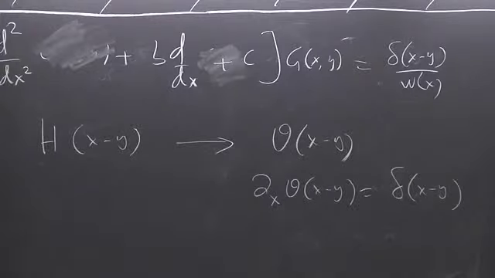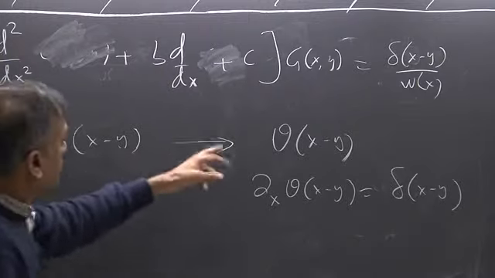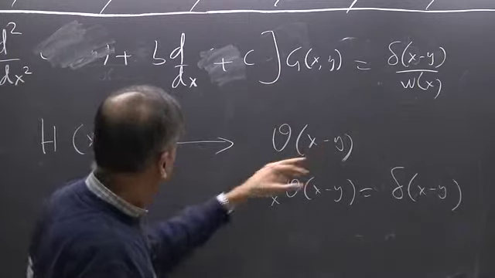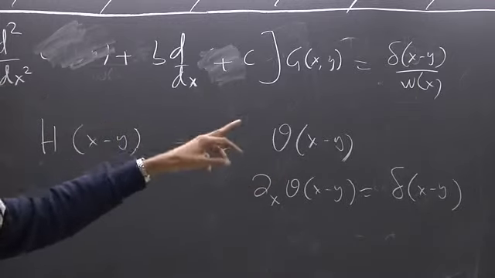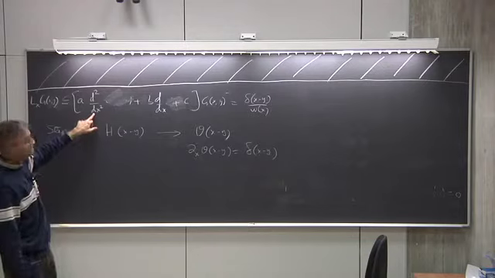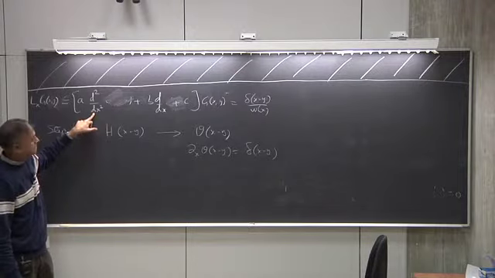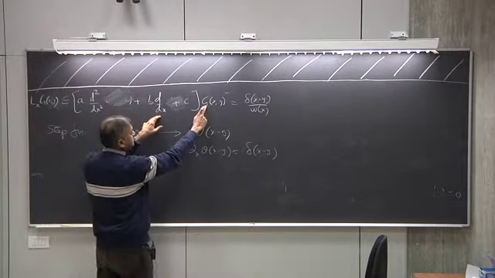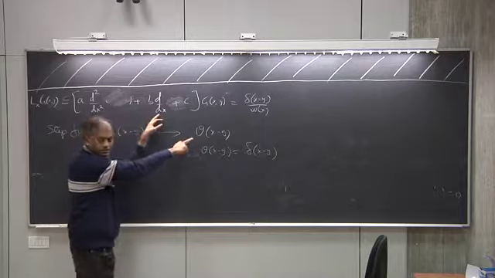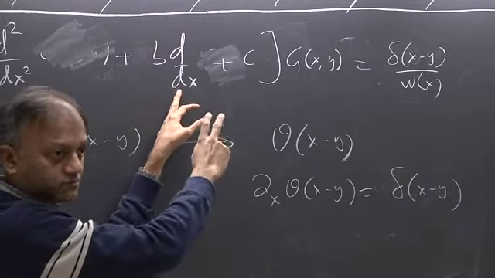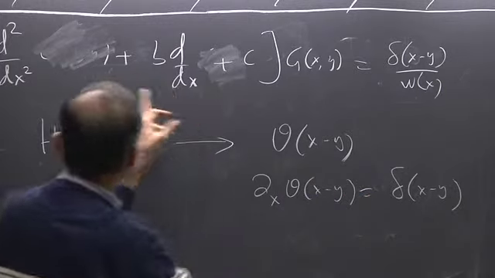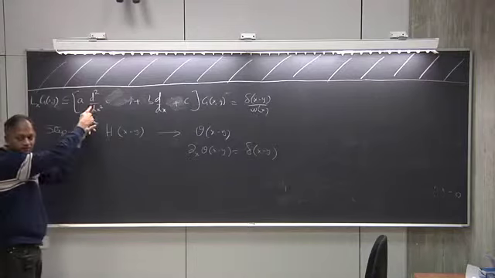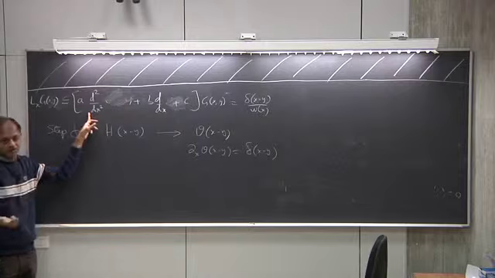So we can think of it in the following way. One derivative of h or theta gives you a delta function. Now here you have two derivatives. If I had taken the Green's function itself equal to the theta function, that would not work, because the first derivative acting on it already gives you a delta function, and this term has one more derivative, so it would give you the derivative of a delta function.